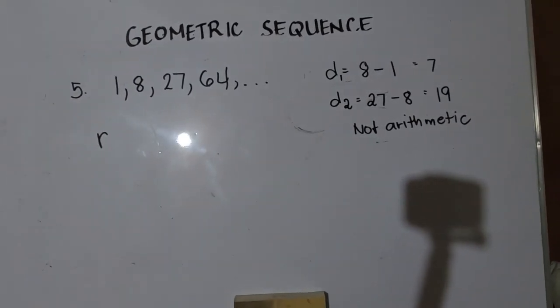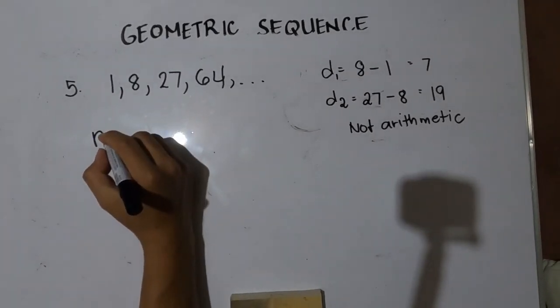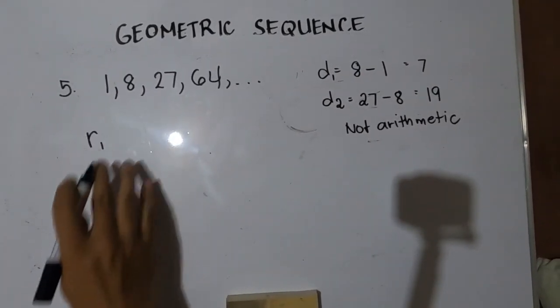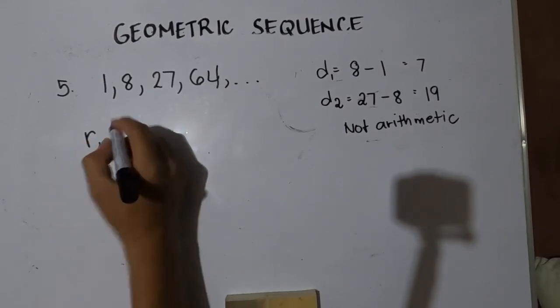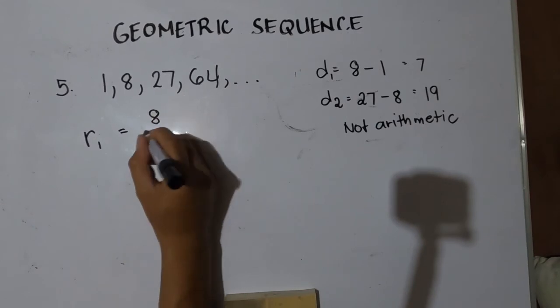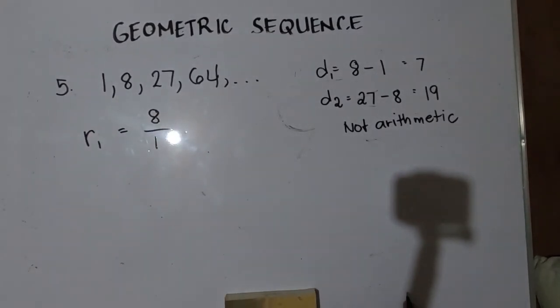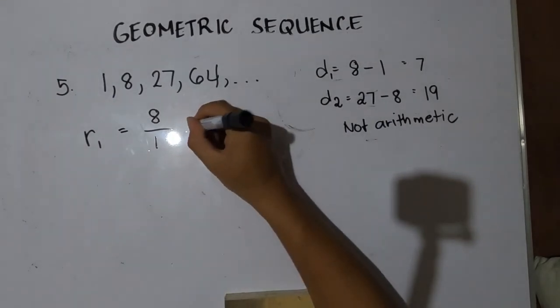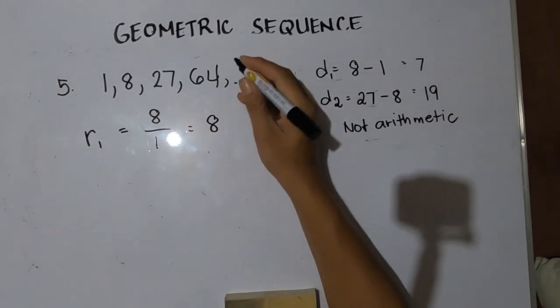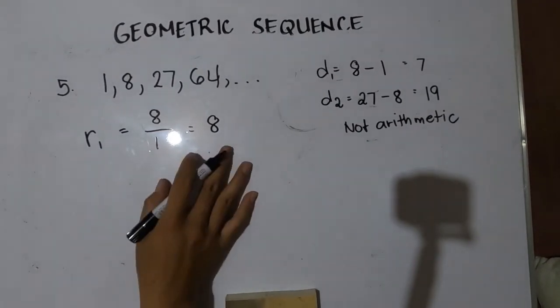Let's try to find the ratio of the second term and the first term, and let that be r sub 1. Second term is 8 divided by the first term, which is 1. 8 divided by 1, that is 8. So the first ratio is 8.